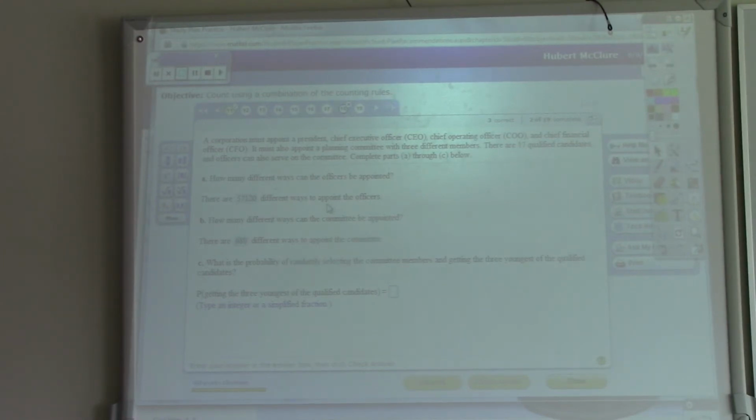Now, unfreeze it. Now, this one is not as complicated as it sounds. It says, what is the probability of randomly selecting the committee members and getting the three youngest of the qualified candidates?